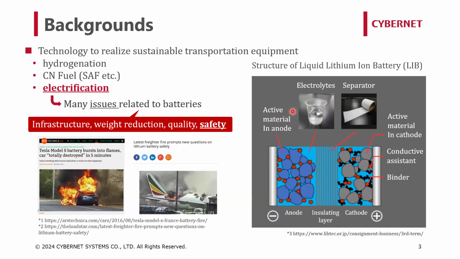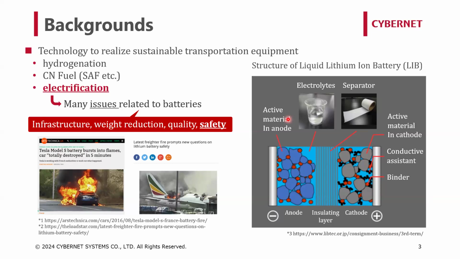The figure on the right shows the internal structure of a typical lithium-ion battery. The active materials in the anode and cathode shown here are the materials that store electrical energy. Ions are responsible for transporting this electrical energy. The ions move between electrodes as they are charged and discharged, enabling them to be reused. The pathway for the ion is the electrolyte, which corresponds to the area filled with blue in this figure.